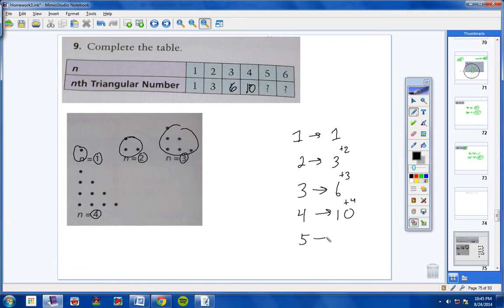So to get group 5 we're going to add 5. That'll be 15. And then to get group 6 we're going to add 6, and that would be 21. So figure 5 is going to have 15 dots and figure 6 is going to have 21 dots. Okay, and moving on.